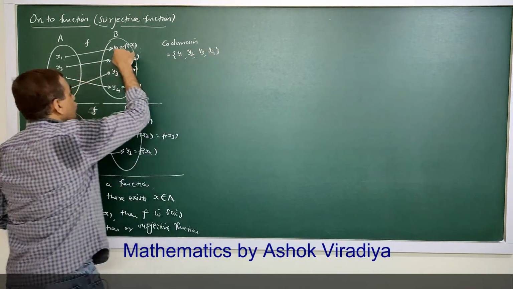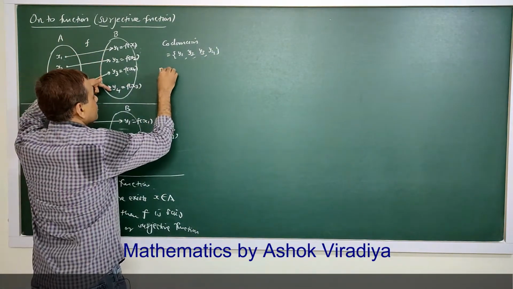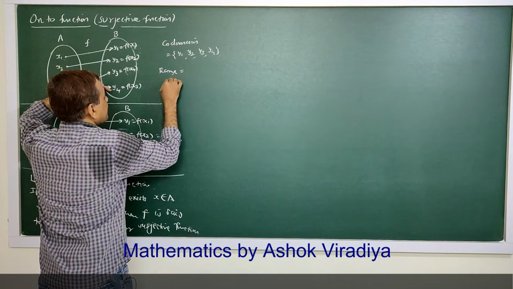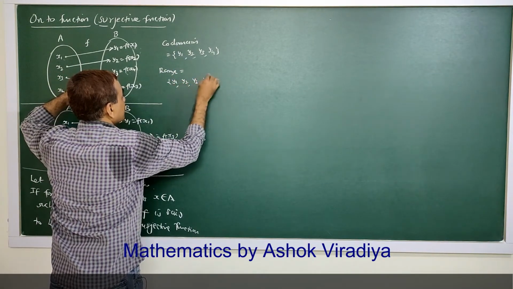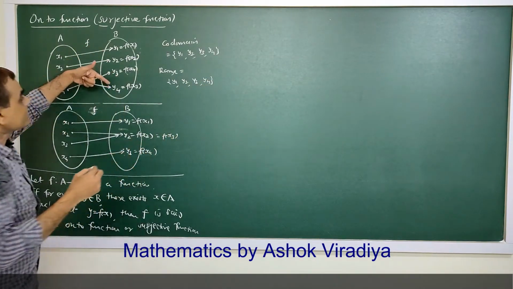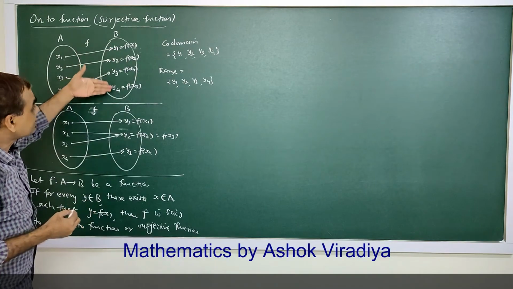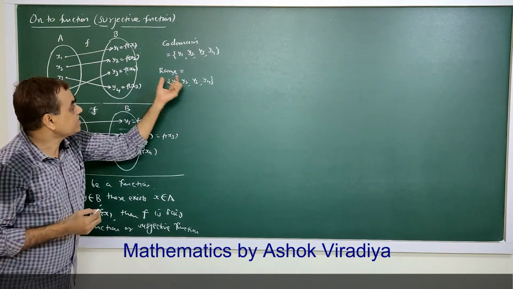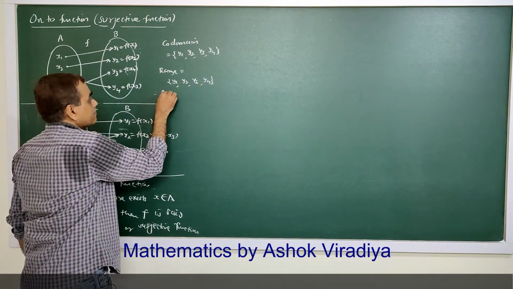This is the codomain. The range is also y1, y2, y3, y4. All elements are images. So the set of images, these all are images. The set of images is said to be the range. So the range is the codomain.